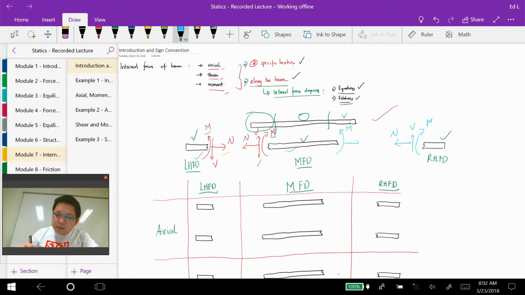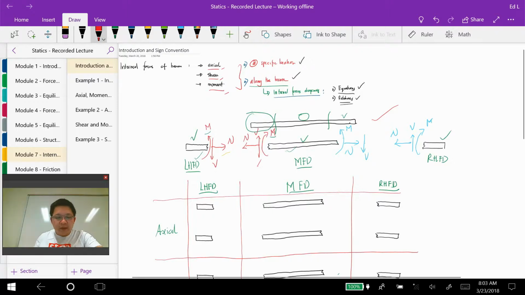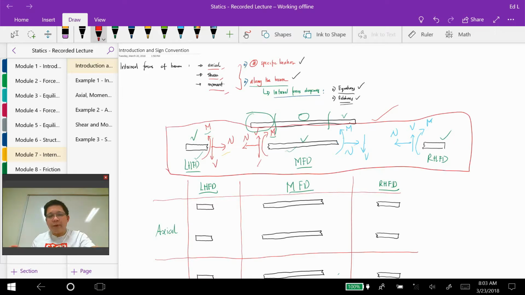This is M, this is N, and this is V. Note that all of these forces and moments actually occur at this point; I just draw them a little bit far away for clarity. All of the directions that I draw here are the positive sign conventions, for the reason that I will describe next.